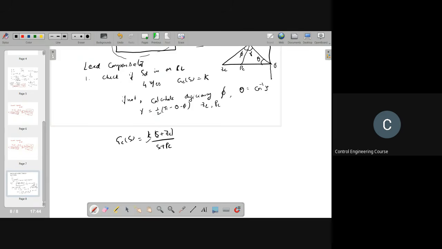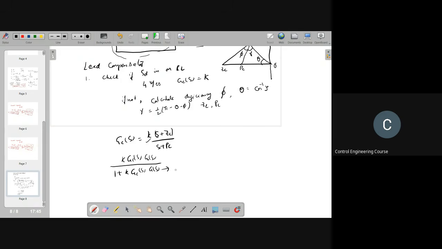But it does not guarantee that, whatever the Zc and Pc, the remaining poles in the root locus are far away from the desired pole. So once you have calculated the overall closed loop response, that is K into Gc of S into G of S divided by 1 plus K into Gc of S into G of S, this is your characteristic equation, right?